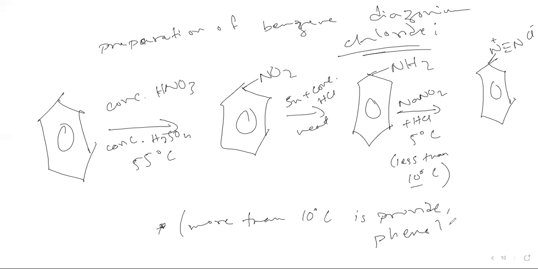Phenol will also be formed. But we don't want that. We just want benzene diazonium chloride. So the temperature must be less than 10 degrees centigrade.